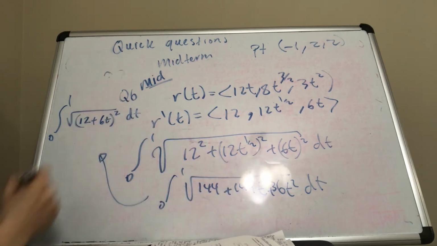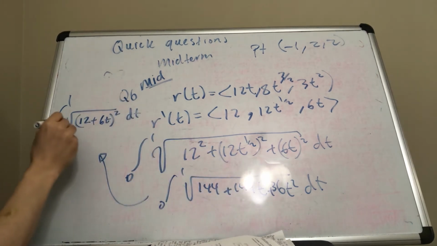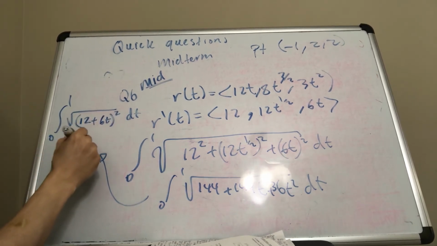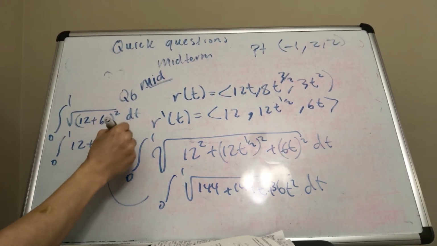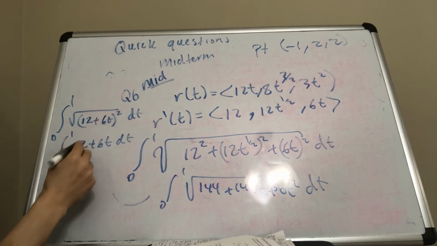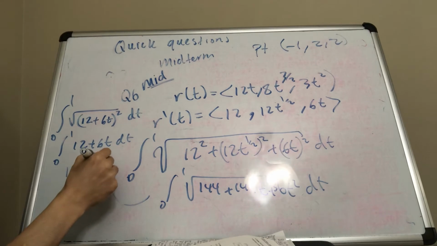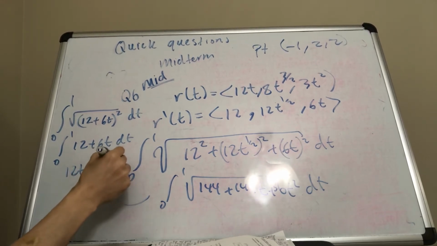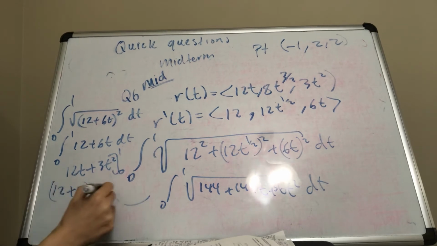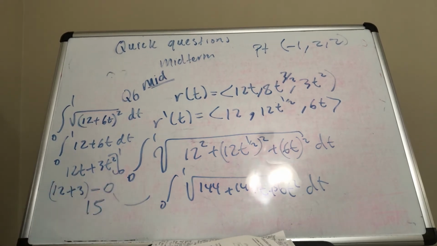This is called a complete square. The square root and square cancel each other, so you have the integral of 12 plus 6t dt. Now you integrate: this one is 12t, this one is 3t squared. From 0 to 1, you put the 1, you put the 0, and the answer is 15.